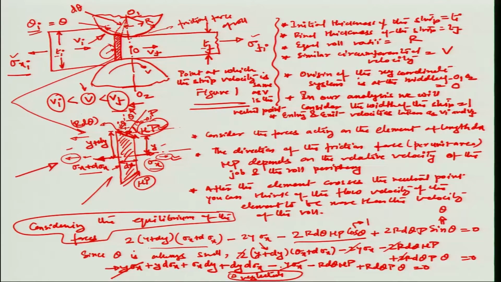So there is going to be a disabler, which pulls the material back because of the positive relative velocity between the direction of motion of the element and the roll element. So you have to go up to the neutral point for friction to be an enabler, and beyond the neutral point for friction to be a disabler for the rolling to happen.